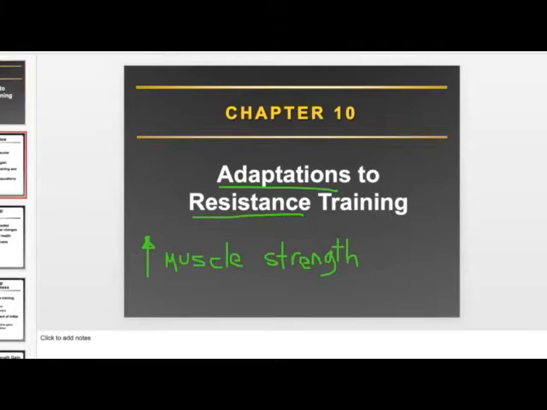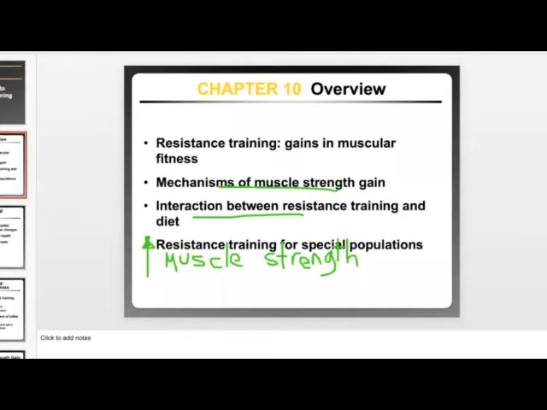So right now, we're going to be talking about changes at the muscular level. All right, so changes in muscular fitness. And what's going to happen with long-term resistance training is that there's going to be muscle gains eventually, but it takes a lot of energy for the body to make muscle, right?